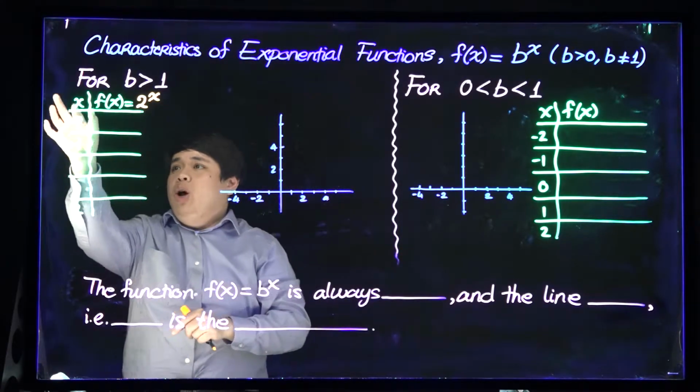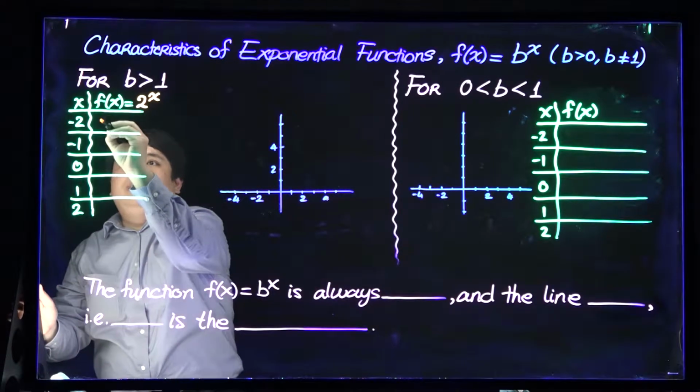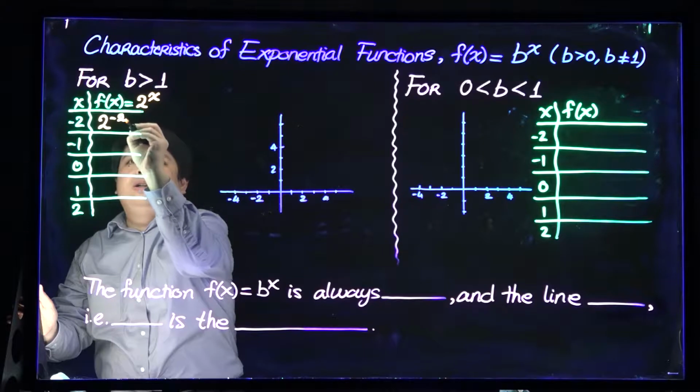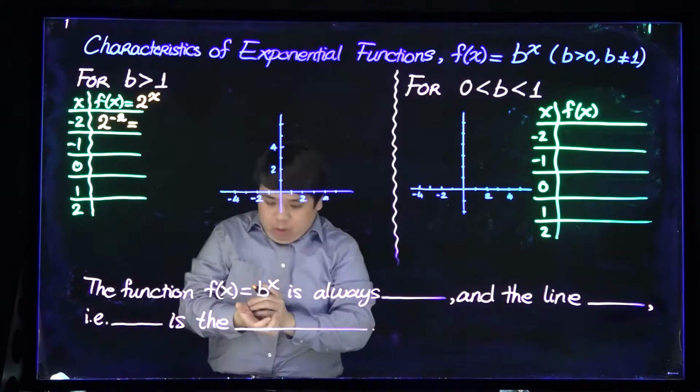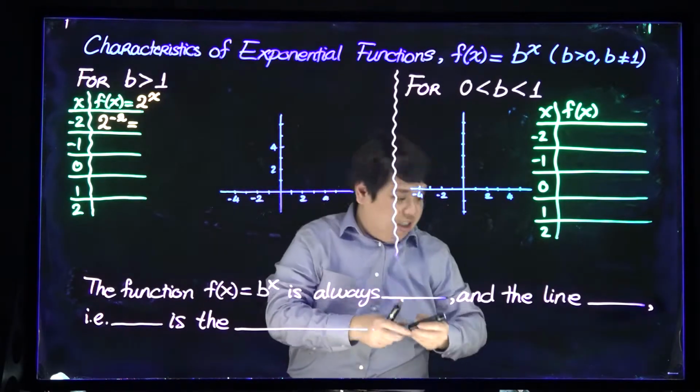Now we just need to put all of these x values into the exponents. So we have 2 to the negative 2. And we have the properties of exponents. I will write that here.